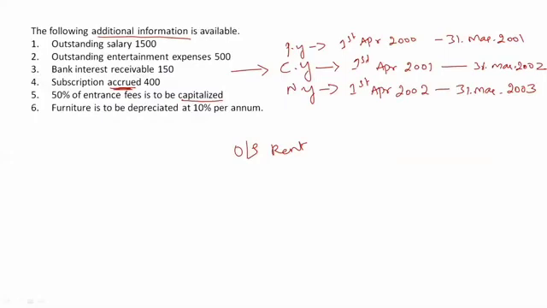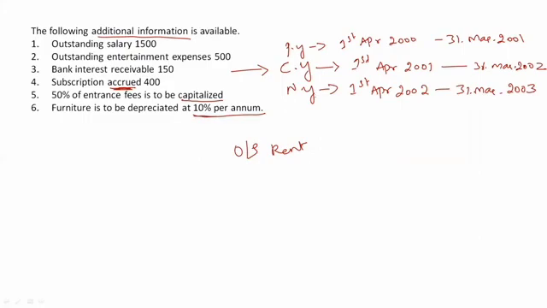So sixth adjustment, we have furniture is to be depreciated at 10% per annum. So there is a depreciation. Now depreciation is charged every year. We know that, right? It is my revenue expenditure. I cannot escape the depreciation. It is regular, no matter whether I'm using the asset or not, depreciation should be charged.